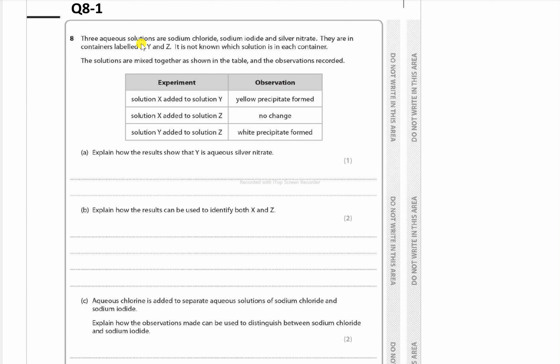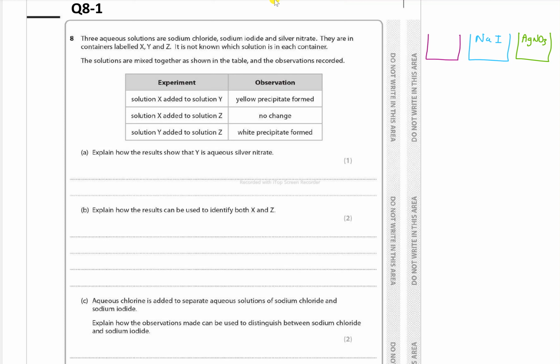Right, you've got 3 aqueous solutions. Sodium chloride, sodium bromide, and silver nitrate. You've got sodium iodide.